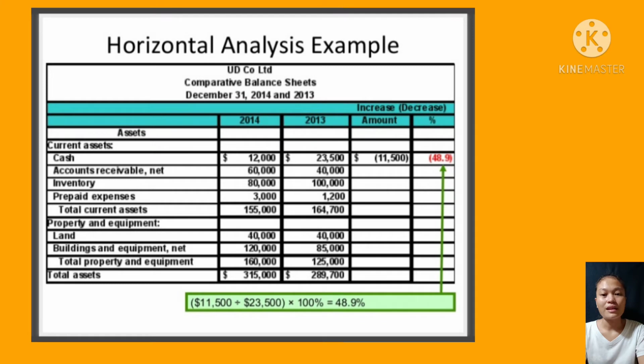Next, calculating percentage change, that would be $11,500 divided by $23,500 times 100% is equal to 48.9%. That would be the value of percentage change. It is decreased.